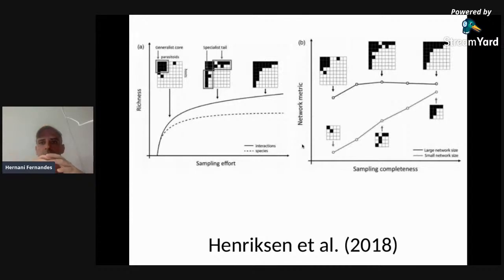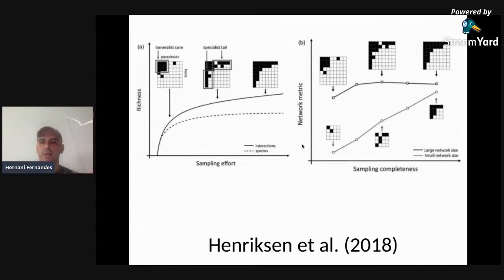We have more species described and better described networks of interactions, but because our network is becoming very big, it's much harder to sample this network well enough to know most of the interactions present in it. But this is not because they were not there before. It's just because now we're much better at perceiving and describing them, when before they were also there, but we were not good enough at detecting and describing them.